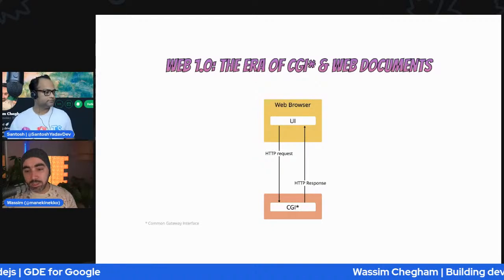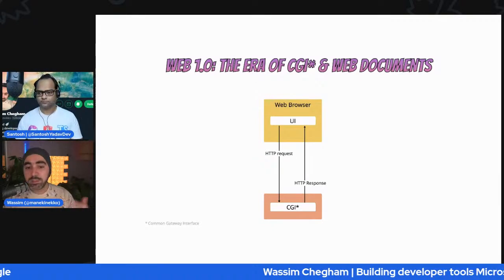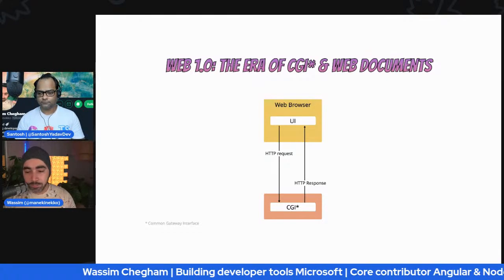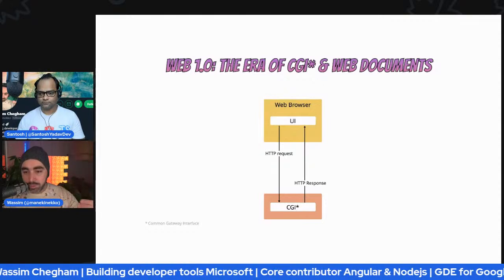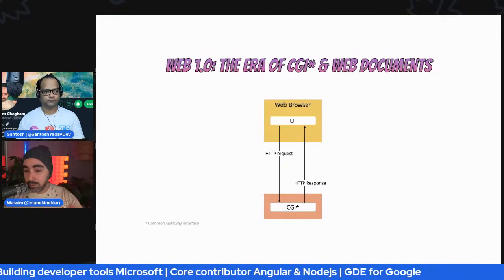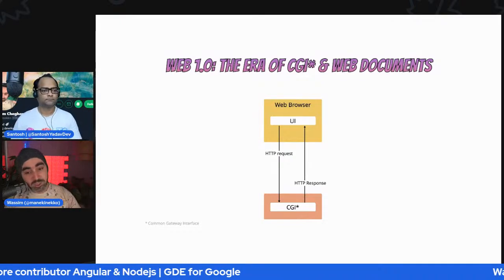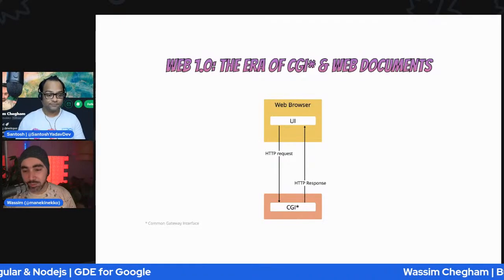So that's basically a request-response paradigm that we had earlier, where the browser requests static content from the server, and then you had to refresh the page and get back that content from the server.